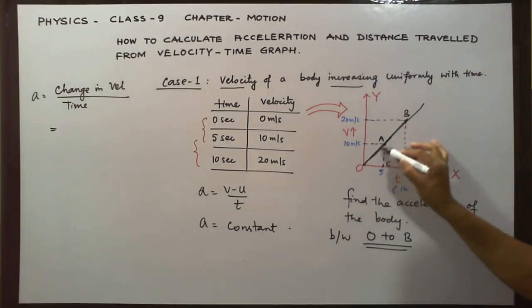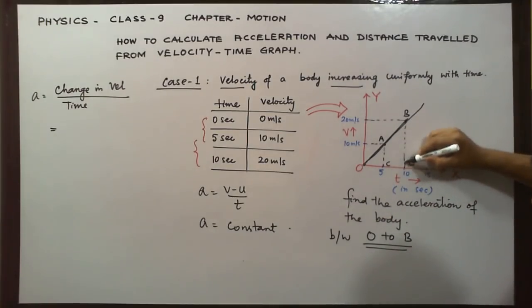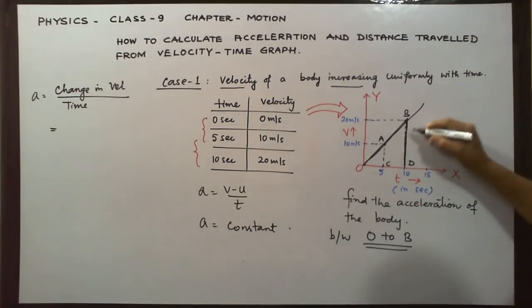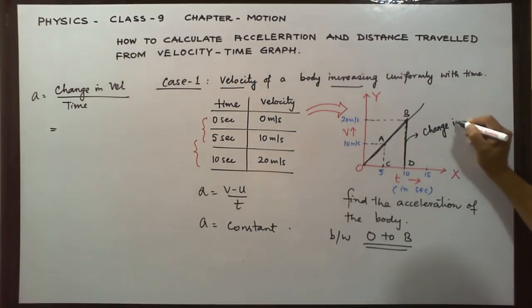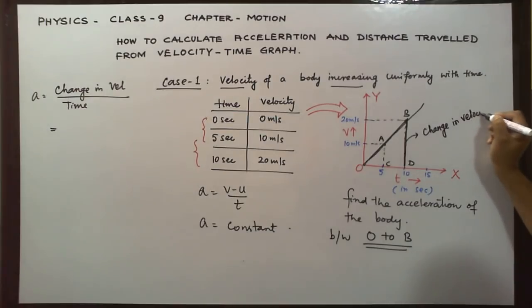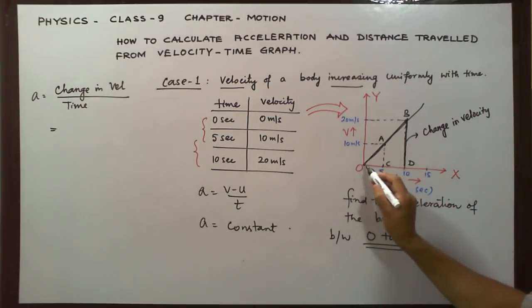This is the graph. B to D is the change in velocity. This is the change in velocity here. And O to D is the change in time.